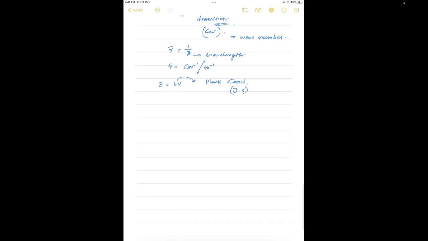It is very important to remember. The value of Planck constant in SI unit is 6.626 times 10 to the power minus 34 joule second, and here nu is the frequency.